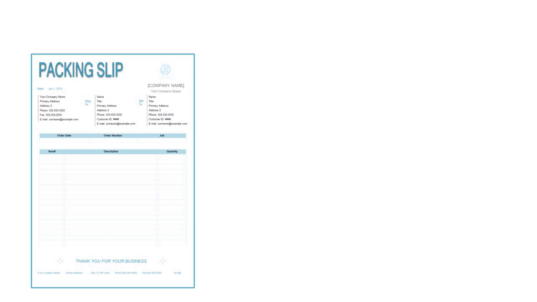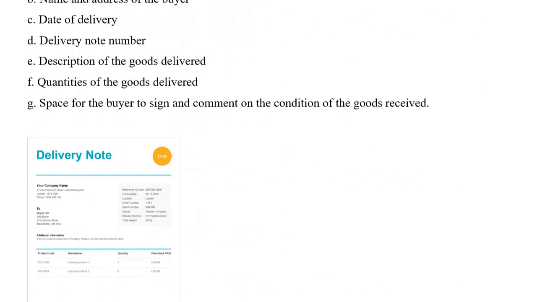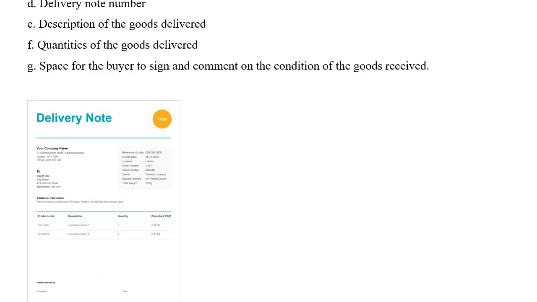So let's say the seller has packed these electronics, let's say laptops. Then the description, or rather the specifications of the given laptops, and also the quantity, the number of laptops that he has packed in that given parcel. So let's go to the next document of Hometrade.